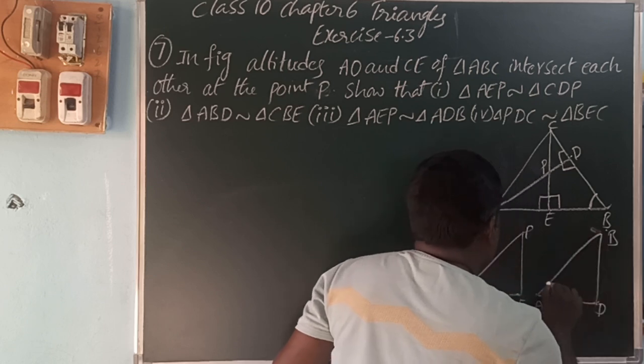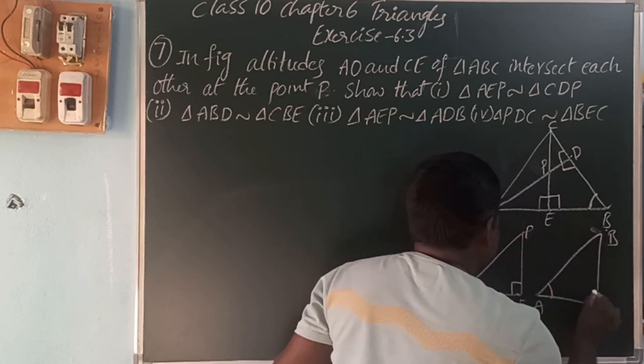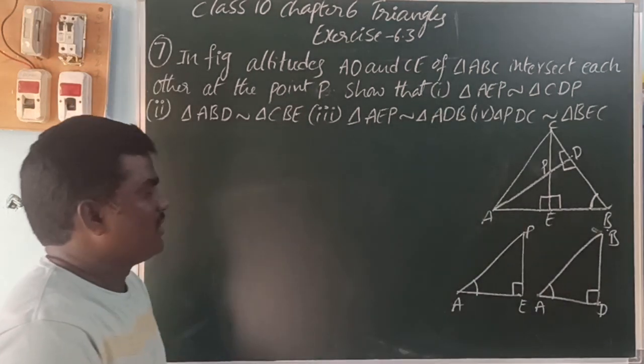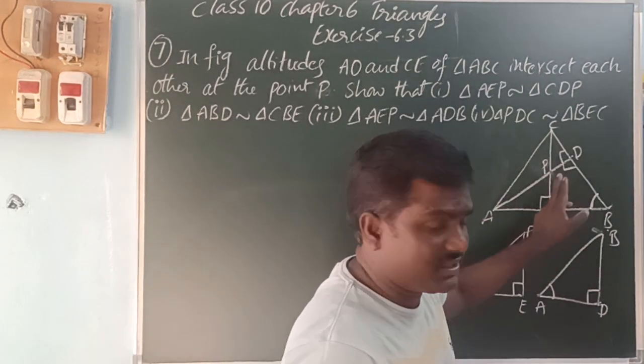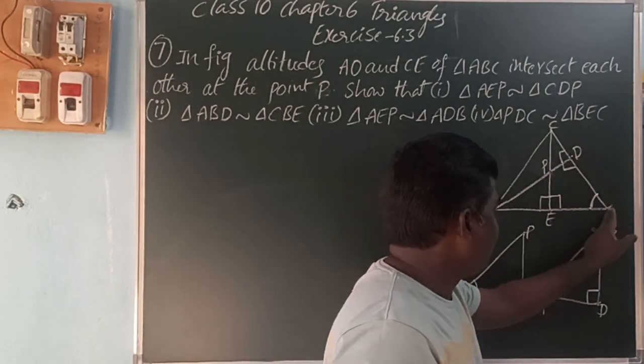Angle A is common, angle E is equal to angle D. So here they are asking that triangle AEP is similar to triangle ADB.